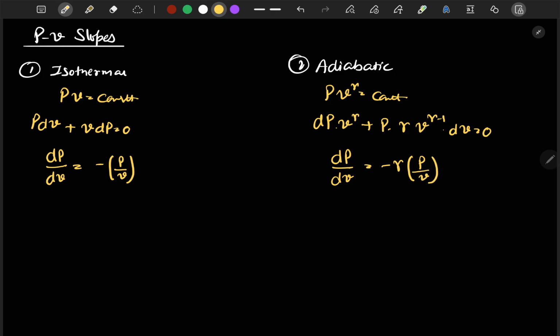If we compare these two equations, this is dP by dV for the isothermal process, and this is dP by dV for the adiabatic process.